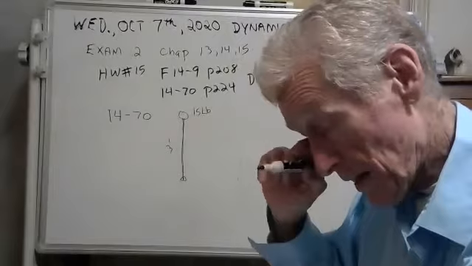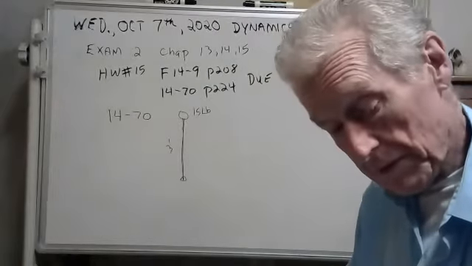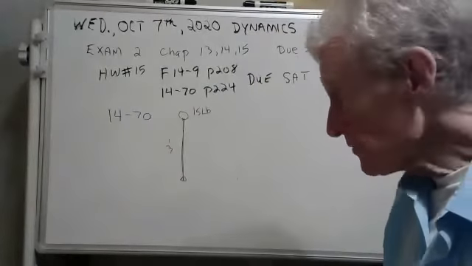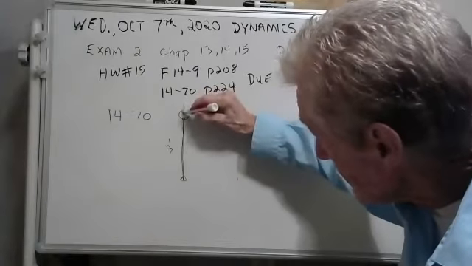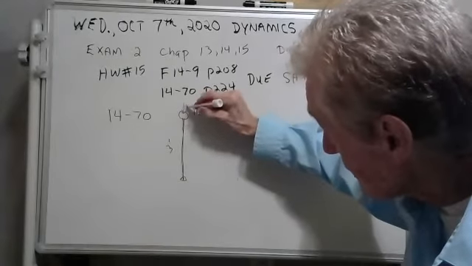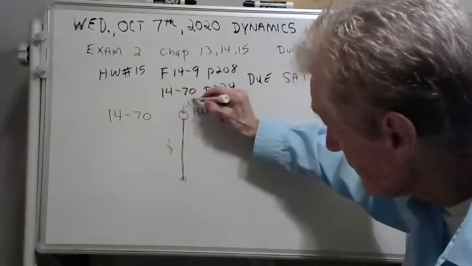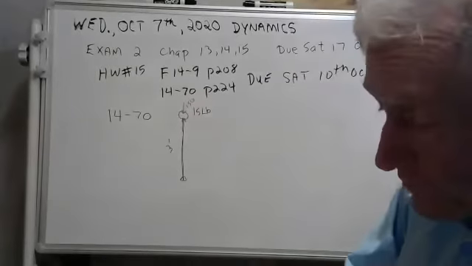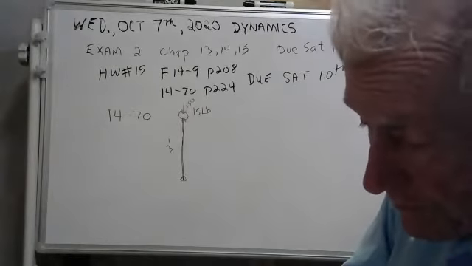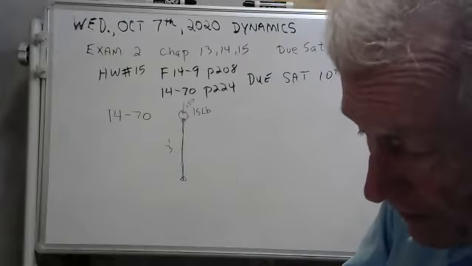Now, see, right now, there's two forces on that rod. There's the weight of the rod, which is 15 pounds. And there's a compressive force of the rod acting on it.